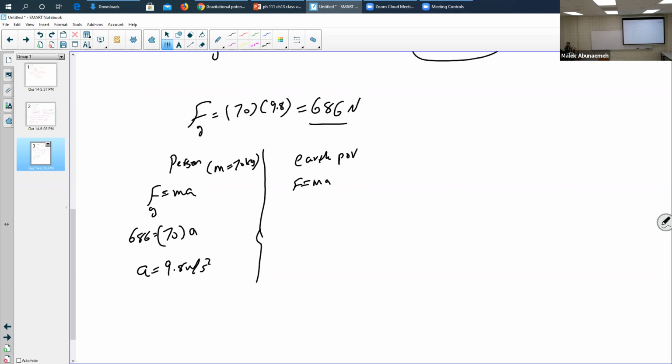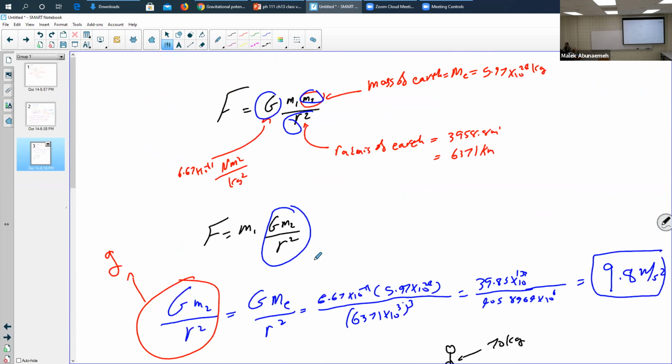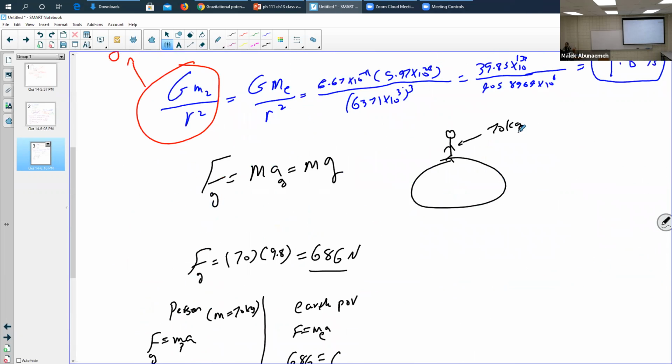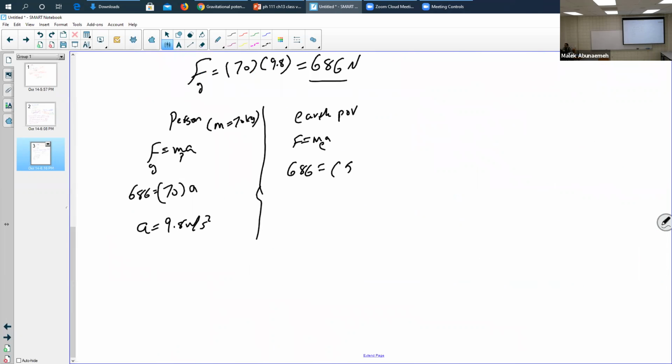Now let's look at it from the Earth's point of view. Your force, again, is 686 newtons, exerted on the object, and it equals the mass of the Earth. This is the mass of the person, I'll call it MP. So the mass of the Earth, again, we defined as 5.97 times 10 to the 24 kilograms, multiplied by acceleration, a.